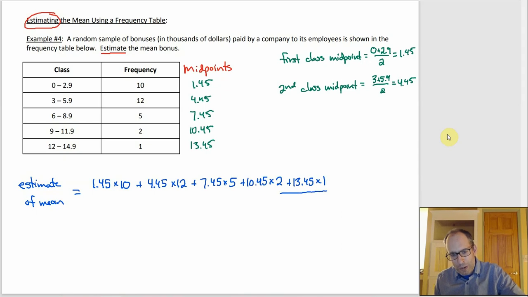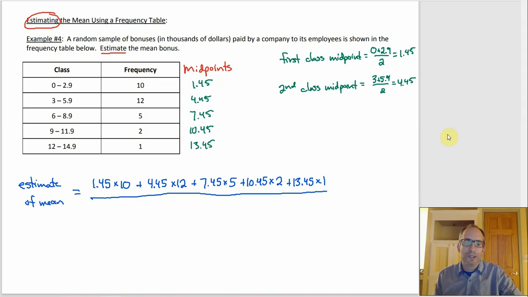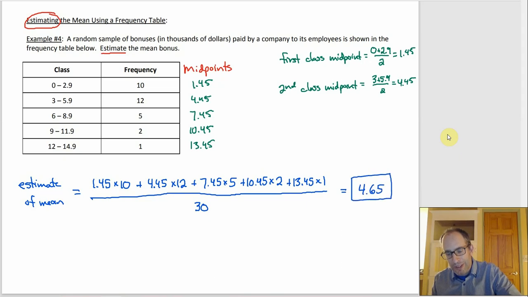And I guess we would need the total, but you could get it by adding. It never actually says it in the wording, but if you just add up, this is 30. Since 10 plus 12 is 22, plus 8, that's 30. Right, so we'd be dividing by 30. And what you end up with, I guess after using a calculator to figure this out, it's 4.65. And that's the estimate of the mean here.